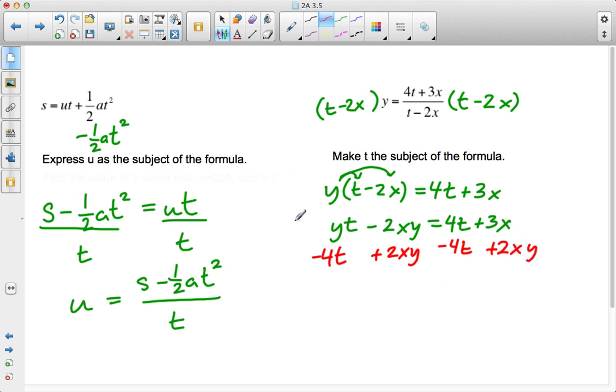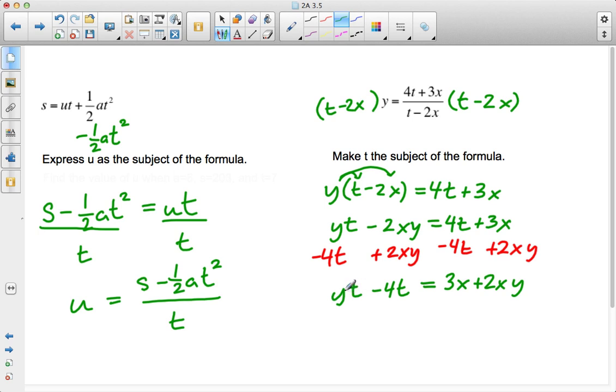So now what happens as we rewrite things, I have yt minus 4t equals 3x plus 2xy.